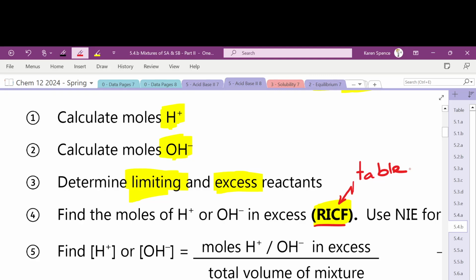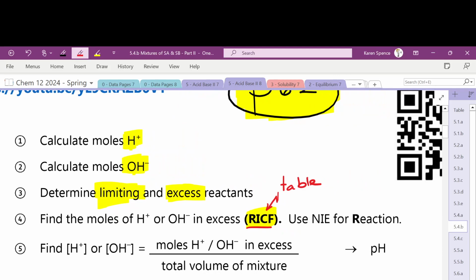And what equation will we use for our RICFA table? We're going to use the net ionic equation, and that's because the net ionic equation will always give us a lovely 1-to-1 ratio, and it makes our calculations a lot easier. You can do it the other way, you just have to spend more time thinking about mole ratios.